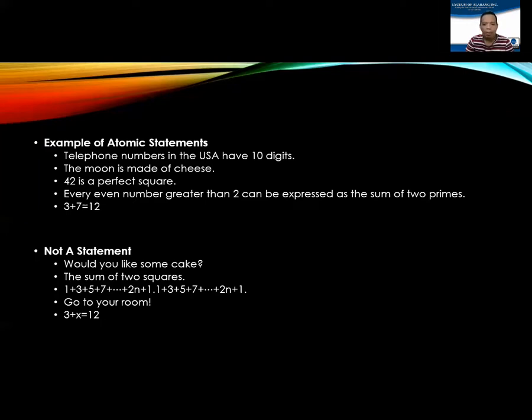Some might guess no, it is false. Therefore, from that statement itself, you might end up with two options: either the statement is true or false. So this is considered an example of an atomic proposition or atomic statement.